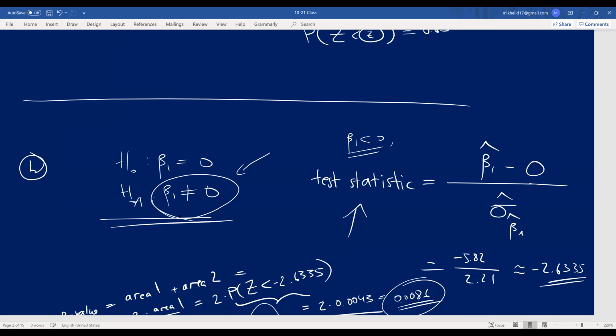Or if beta 1 greater than 0, then it would again be a one-sided, right-sided test. Am I clear? So is it because we have an alternative hypothesis that we do a two-sided test? Yes. Whether the test is one-sided or two-sided is determined from the alternative hypothesis.